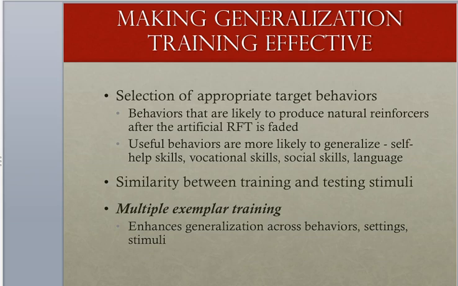Useful behaviors are what we really want to train. We want to work very hard on establishing and then generalizing things like self-help skills and vocational skills and social skills and language. That's a place where generalization is really important.